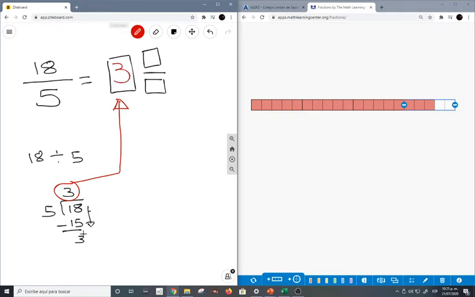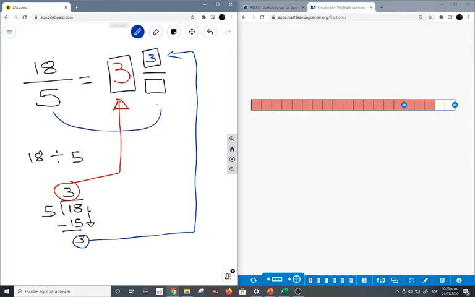And the remainder, let me do it with blue, this part is going to be the numerator of the fractional part. Here is the numerator. And finally, the denominator is the same as we had before. Okay? 5. So this 18/5 is 3 wholes and 3/5.